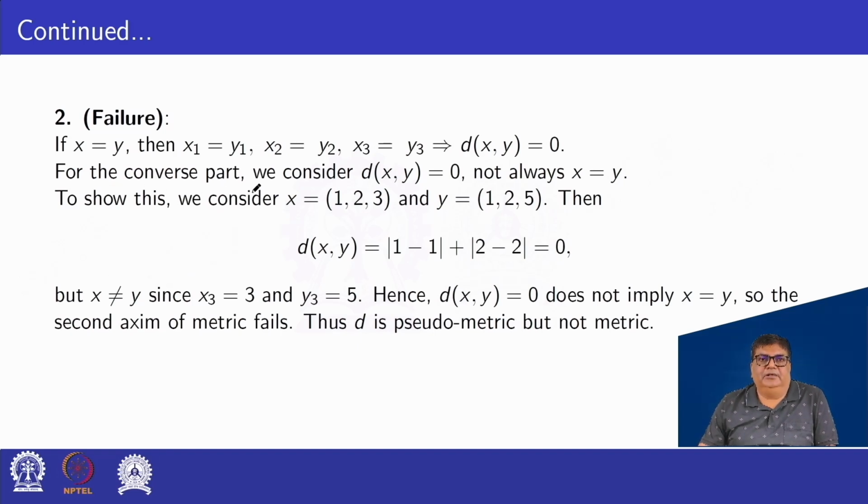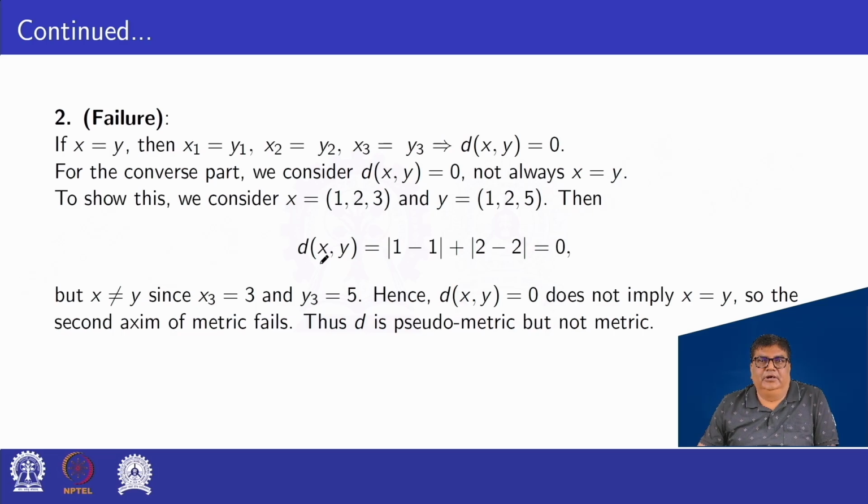For the converse part, we consider dxy is equal to 0, not always x is equal to y. To show this, we consider x is equal to the triplet (1, 2, 3), and y is equal to the triplet (1, 2, 5).